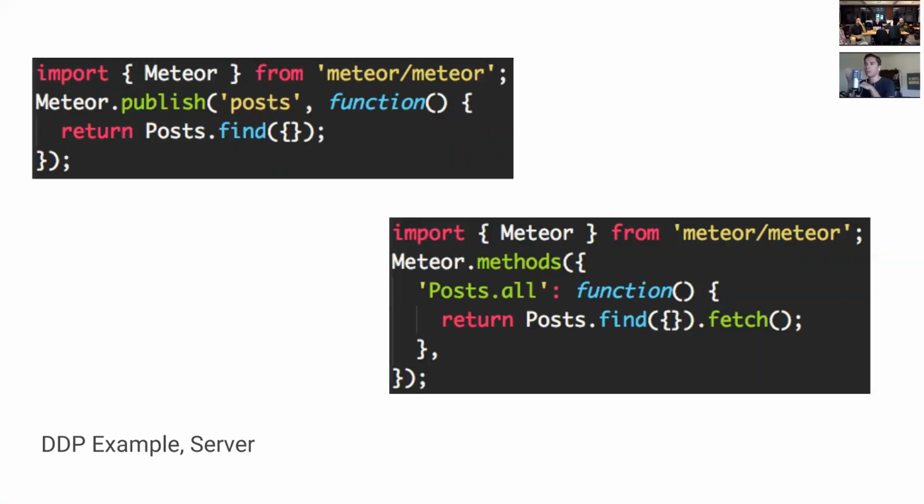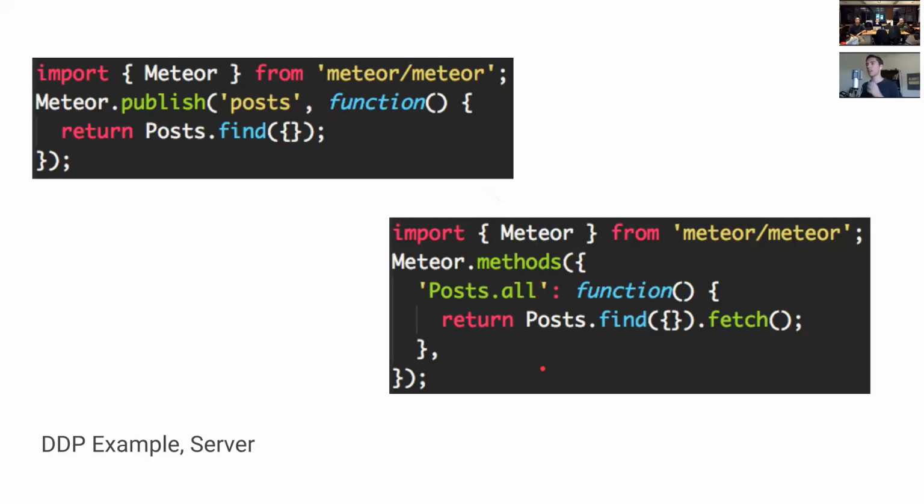If you've used Meteor at all, this probably looks really familiar to you. You're going to name your publication, in this case it's posts, and then from there we're going to return a Mongo cursor. At that point, Meteor server knows whenever a client subscribes to this posts publication, it's going to go ahead and pass that data along to the client.